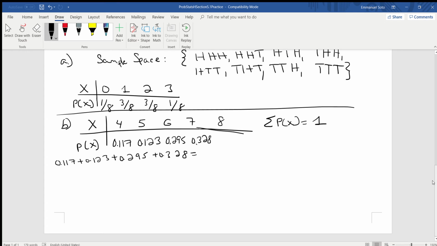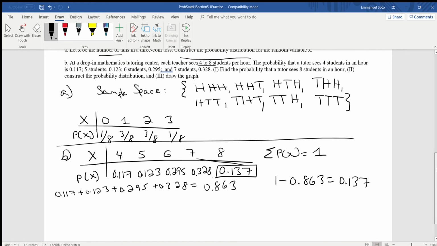Alright, so we're going to go ahead and add these guys. 0.295, so you get 0.863. So in this example, we get 0.863, and then we know that 1 minus 0.863 will give us the answer. So we're going to do 1 minus 0.863, and that will give us 0.137. Alright, so that goes here. And that's our answer for that question.